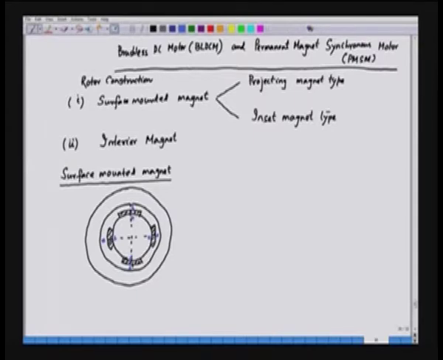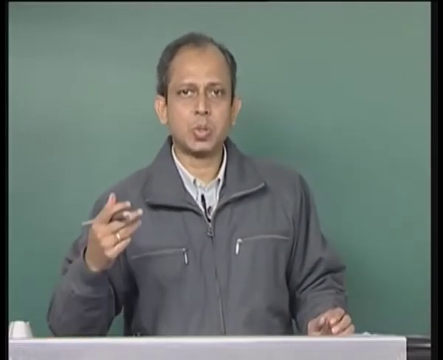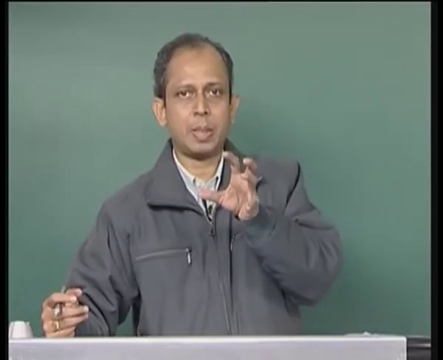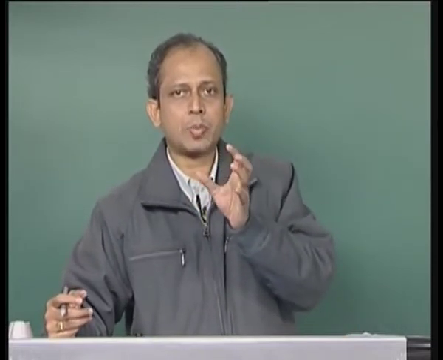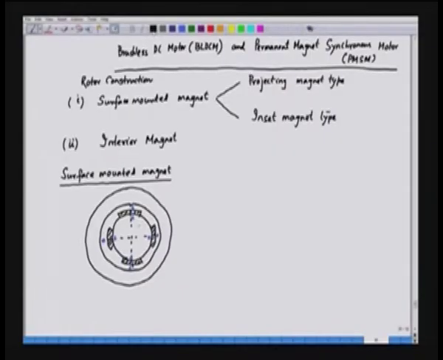The magnets are fixed to the rotor using epoxy glue. Now, this is very easy to construct. The rotor is basically a soft iron core. This is the rotor core, which is a soft iron core, and the magnets are glued to the rotor using epoxy glue.